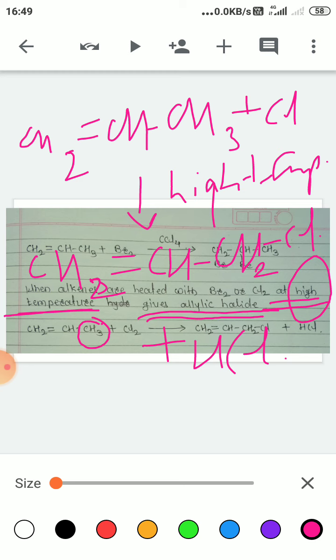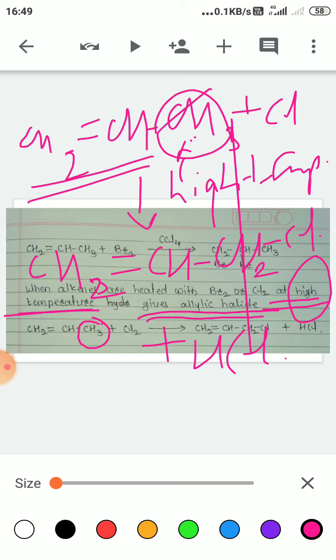That means the substitution of, now, the carbon atom next to the carbon-carbon double bond is called the allylic carbon atom, and therefore its hydrogen is called allylic hydrogen, and at high temperature substitution of allylic hydrogen takes place when alkenes react with halogens, that means Cl2 or Br2.